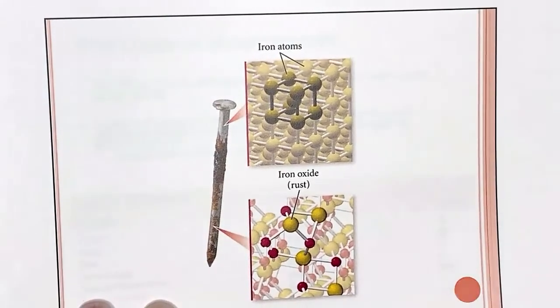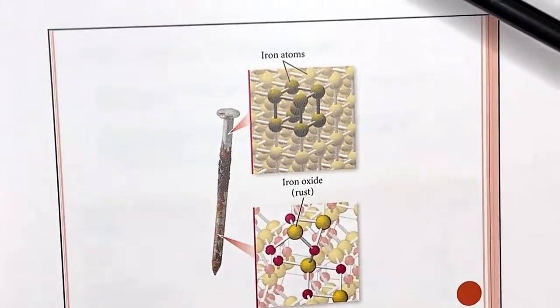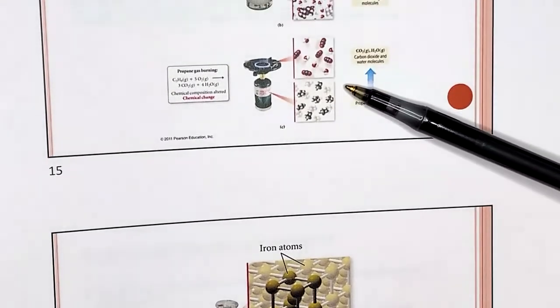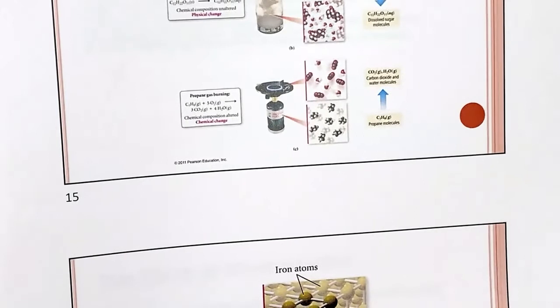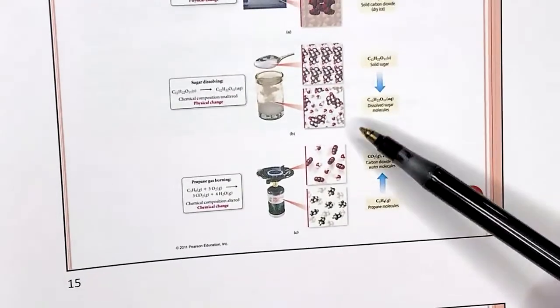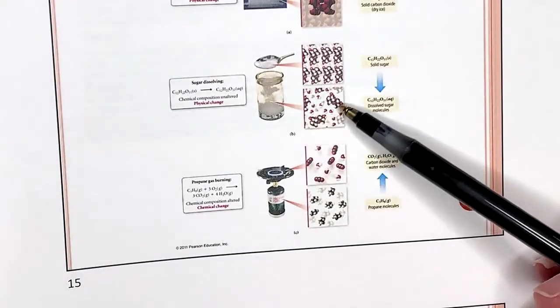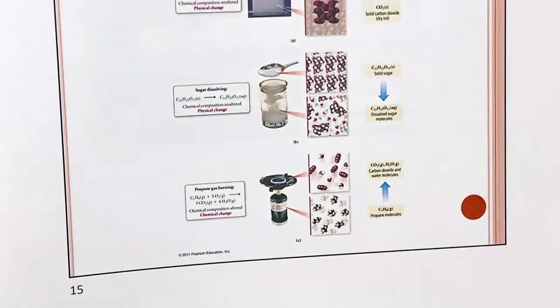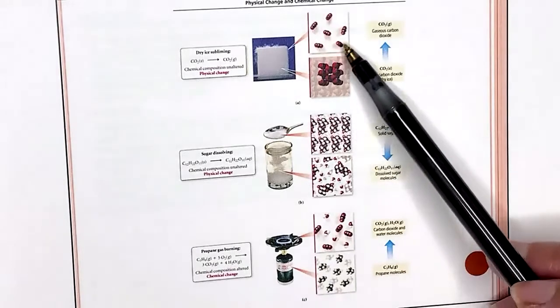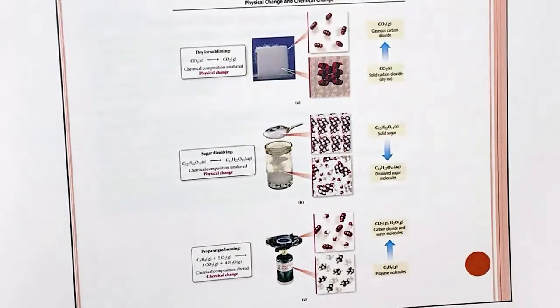So when it changes like that, those are called chemical changes, okay? When the molecule doesn't change, like in this case, see how sugar stays as sugar? That's sugar still, so that's a physical change. And over here, that's carbon dioxide, that's still carbon dioxide. Those are physical changes.